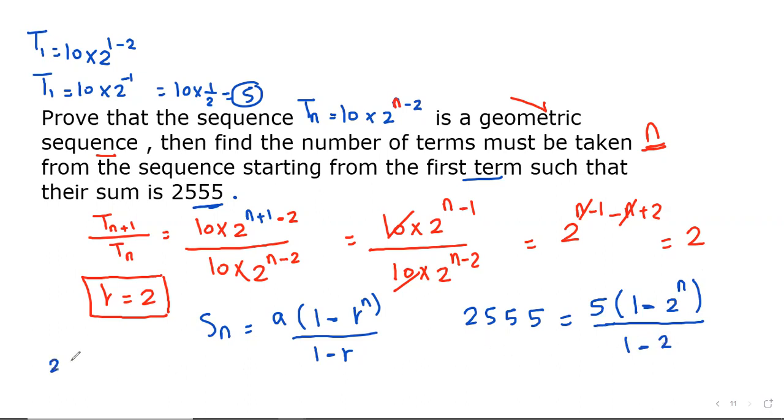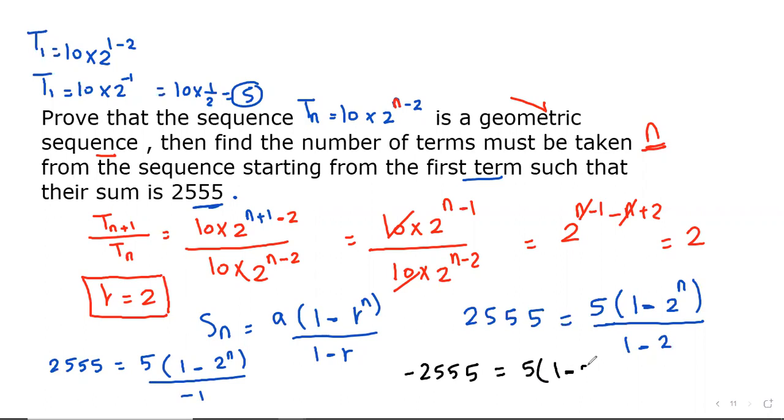So right here, 2,555 equals 5 times 1 minus 2 to the power of n over minus 1. Do cross multiplying. So it will be negative 2,555 equals 5 multiplied by 1 minus 2 to the power of n.